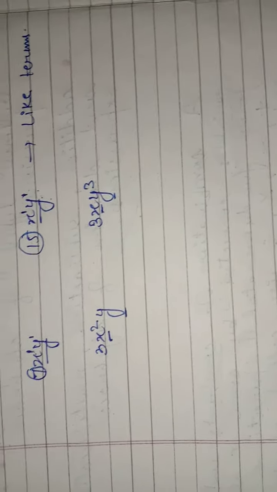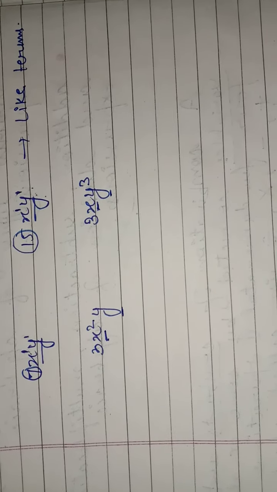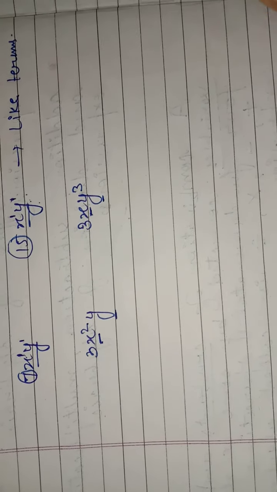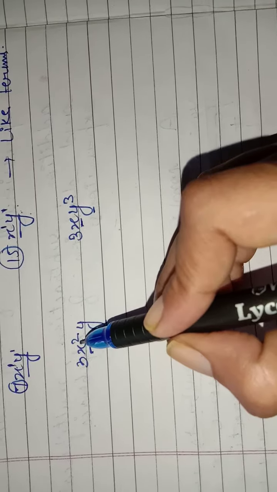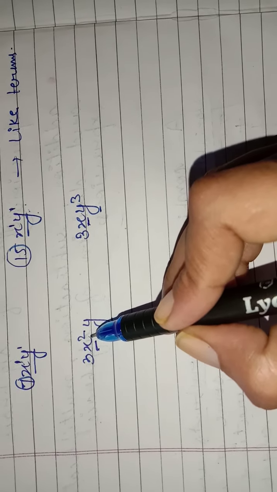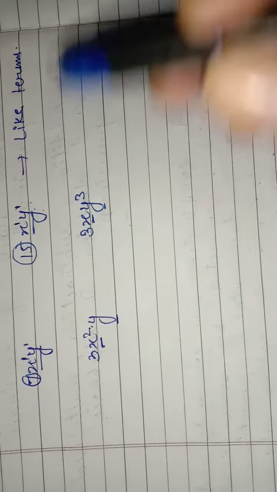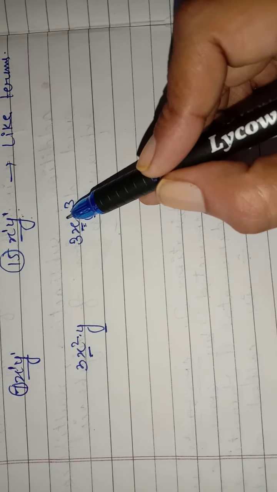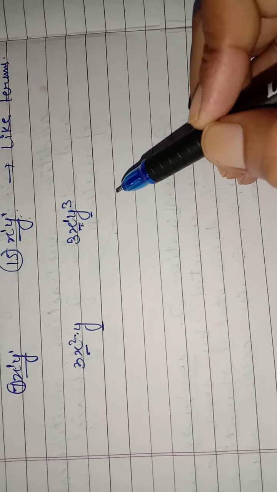Now let's compare the power of each variable. Look at the power of x first. In this term it's 2, and in the second term it's 1. It's not the same.